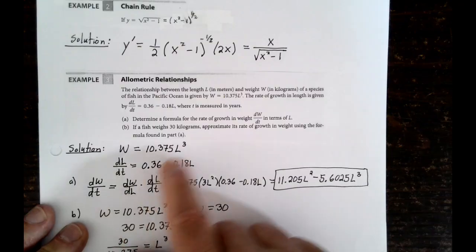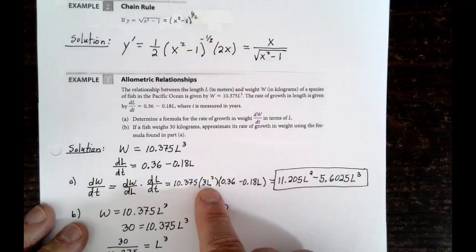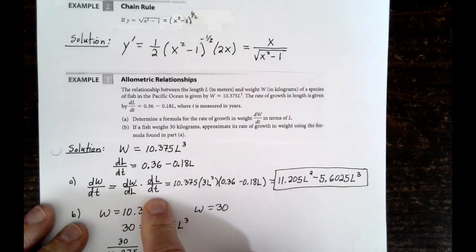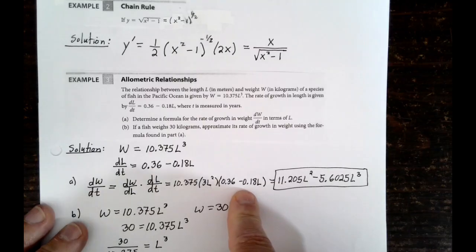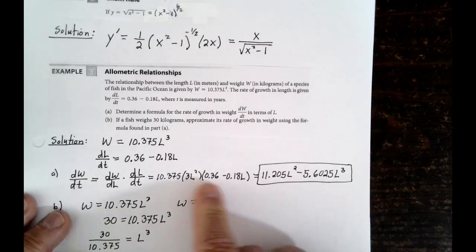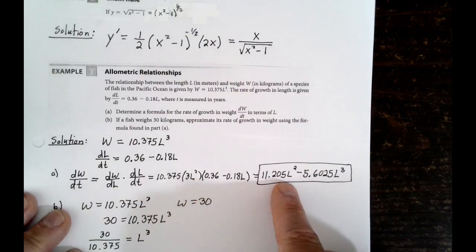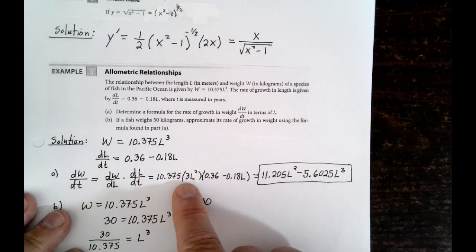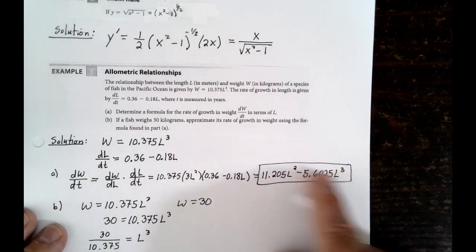The derivative of w is just 10.375 times 3L squared. And then dL/dt is just what they give you already. That's the derivative of the inside function. And so this guy times 3 times L squared times this gives you the first term. And this guy times 3L t squared times that gives you the second term. So here's your derivative of w.